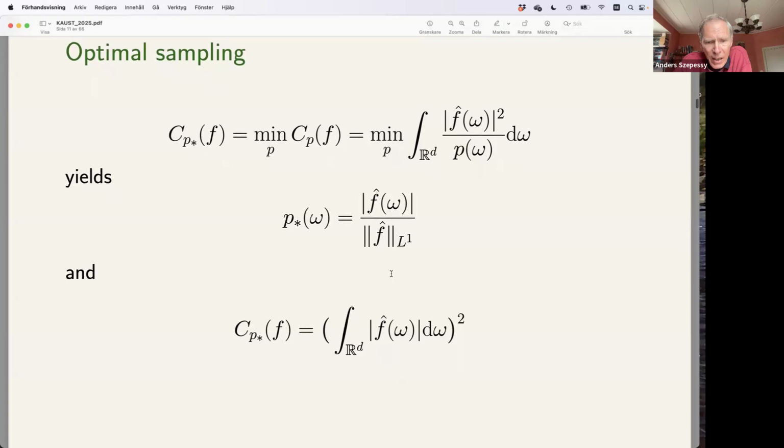The goal is then to find a method that finds this density approximately, although we don't have access directly to the Fourier transform. That's the goal now.